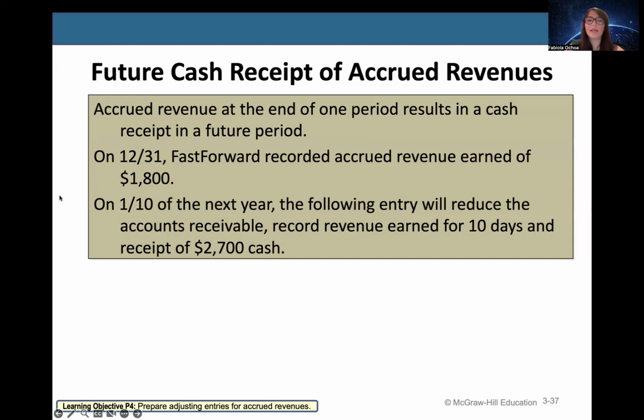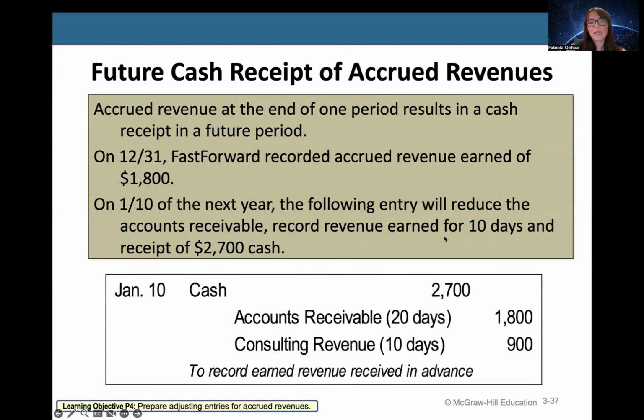So on 12/31, Fast Forward recorded accrued revenue earned of $1,800. On January 10th of the next year, the following entry will reduce accounts receivable for 10 days and receipt of $2,700 cash. You debit cash for the amount that you received.